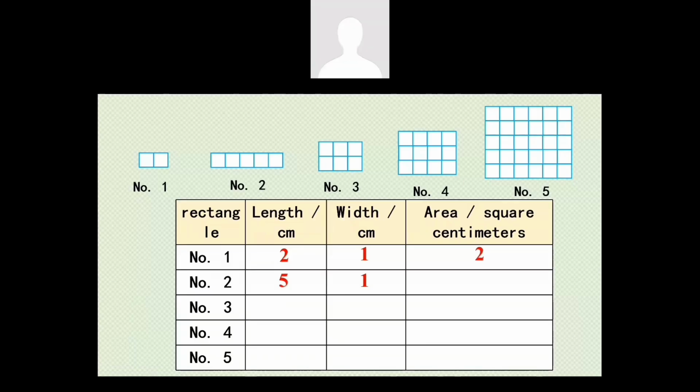Who can state the pattern? One sentence is enough. Area equals length times width.